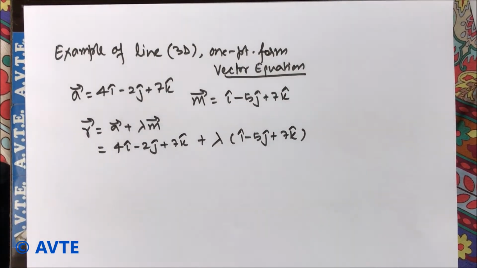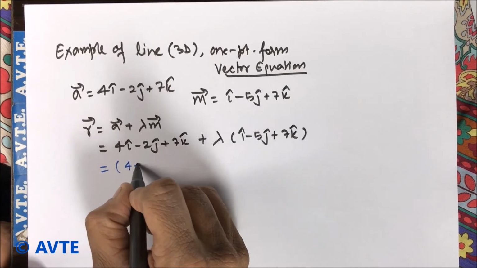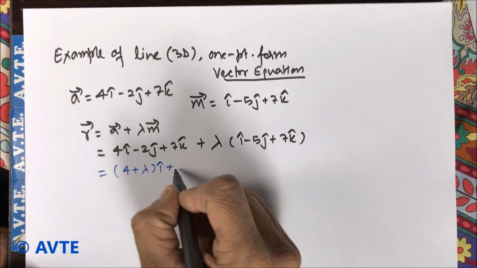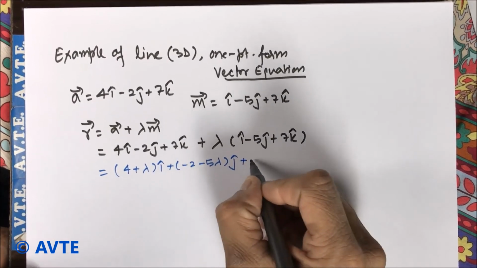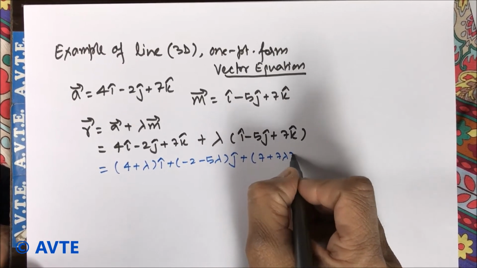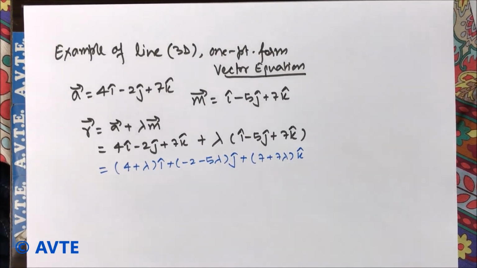This is enough. Or you can further take this to this form. It is not necessary, but if you want, you can also club ijk, and can you see that the line is now looking as merely a coordinate, arbitrary coordinate, and this is very important.